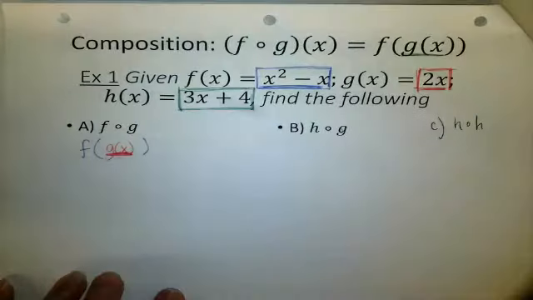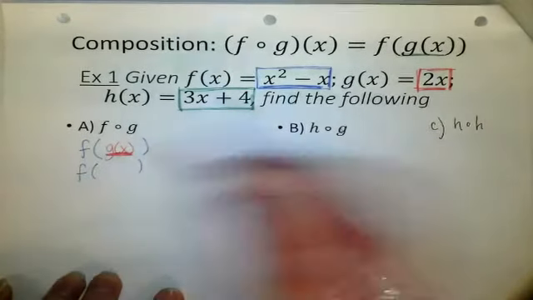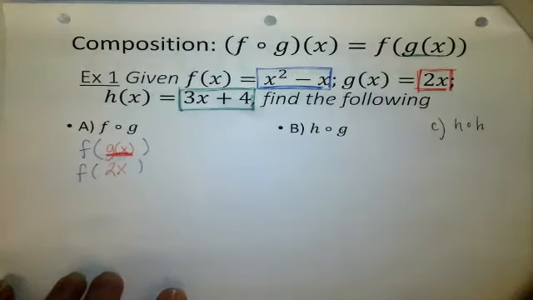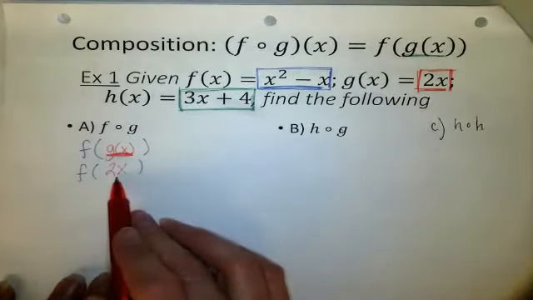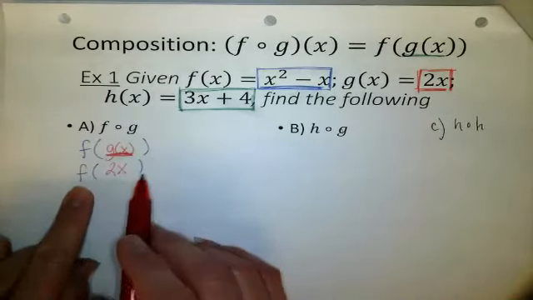So that's going to be F of, and I'm replacing G of X. It's equal to 2X. It's the same as 2X. Then what happens is this is now function notation. This is what we've been doing for the past 2 days. It says, hey, go to your F function.